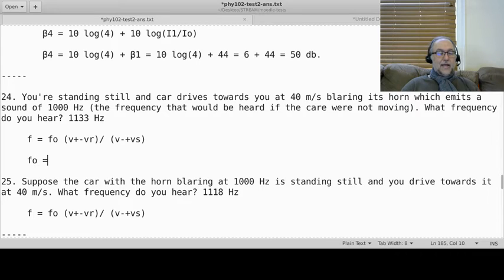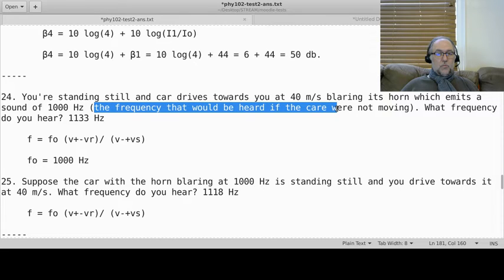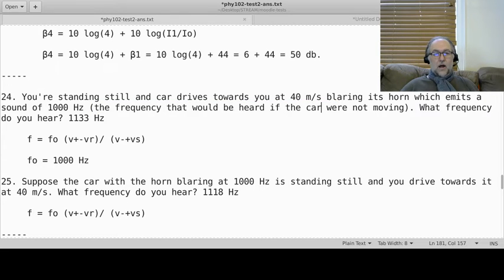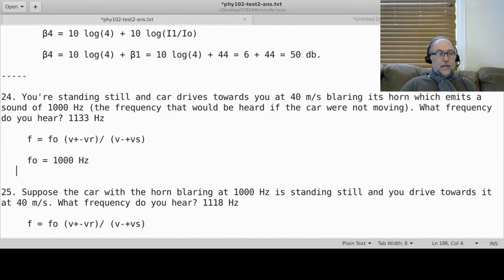First, this F0 is the frequency that you would hear if no one were moving. If there were no Doppler shift at all, then you would just get 1,000 hertz. I even said that this is the frequency that would be heard if the car were not moving. The next one is the V by itself, and you can see there's a V right there and a V right there.